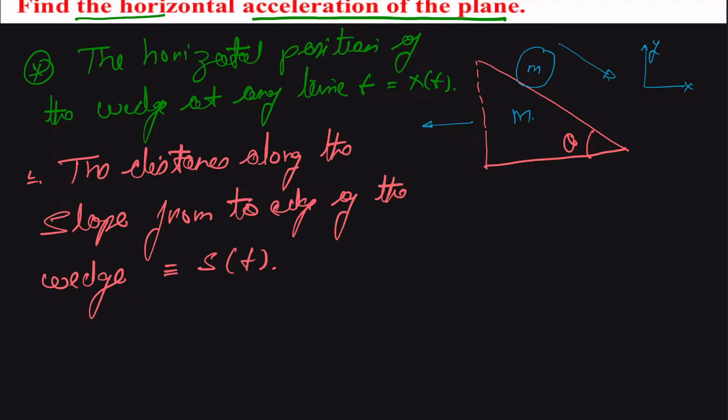It means the distance is from this top of the edge, and it is along this inclined plane, and it is our s of t.